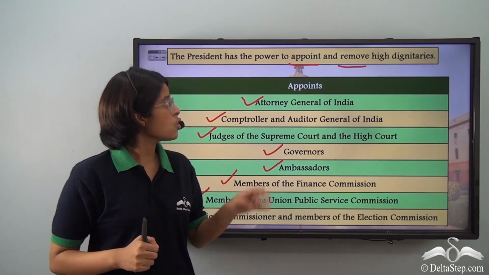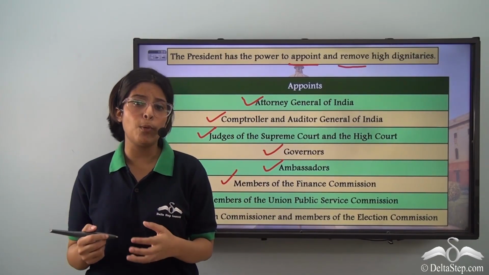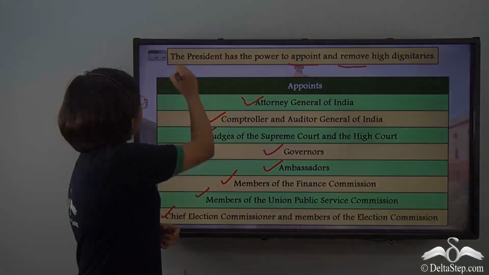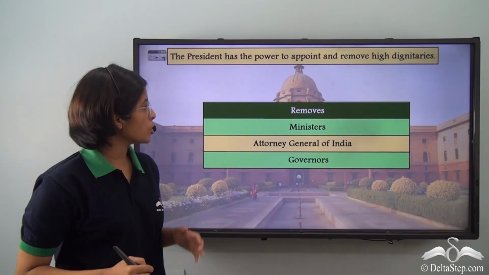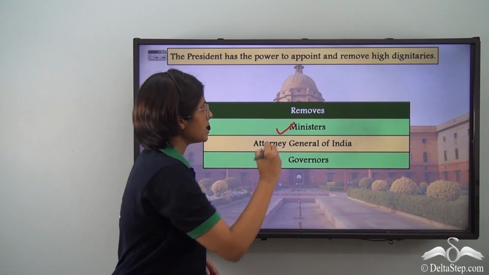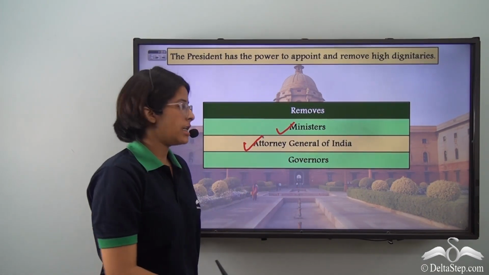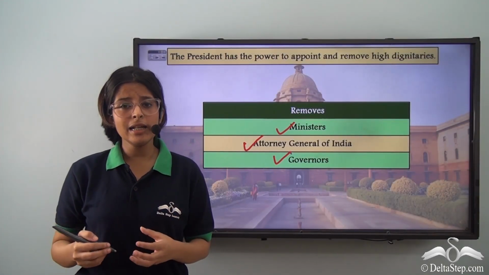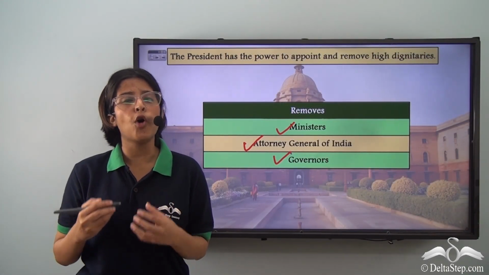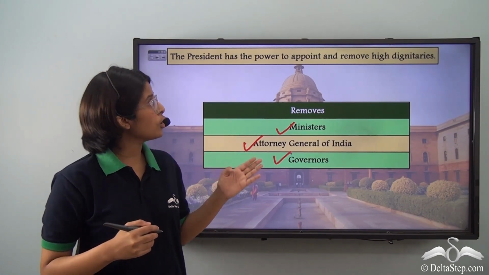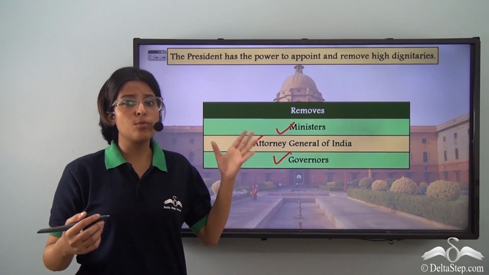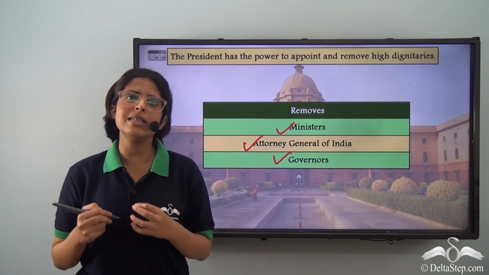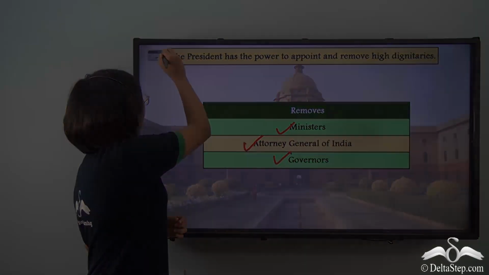Now we've learned whom all the President can appoint, but the President can also remove certain people. So the President also removes the ministers, the Attorney General of India, and the governors. But like we've already said, the President has only the formal powers. Regarding all of these appointments and removals, the President is advised by the Prime Minister and his Council of Ministers.